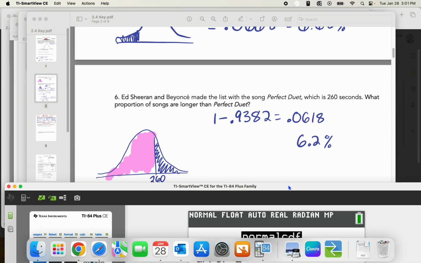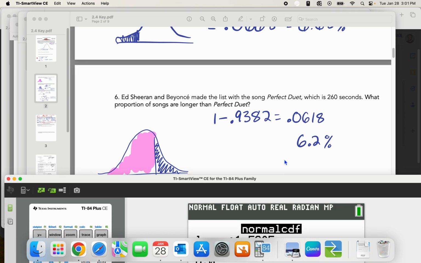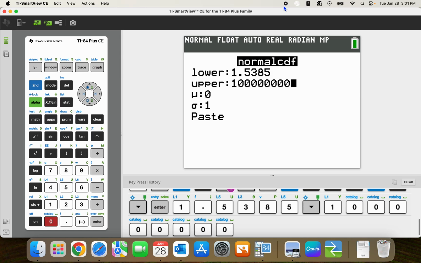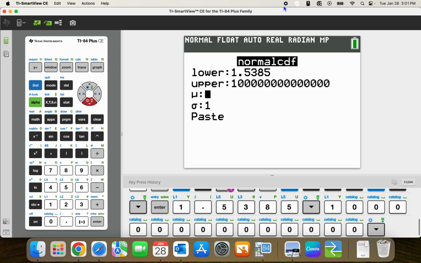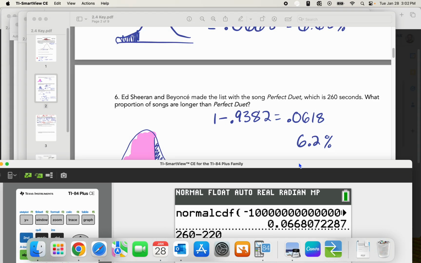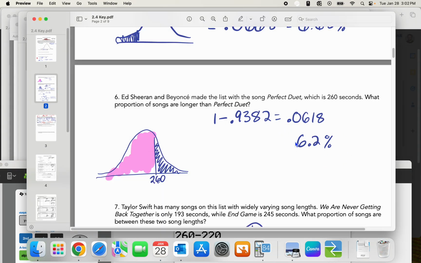So instead of typing positive infinity, which we can't do on the calculator, we're going to type in a really, really large positive number. Mean stays as 0, sigma stays as 1. Paste that in, and there's our area, about 6.2%. If we look over here, that's what we got using a slightly different method.